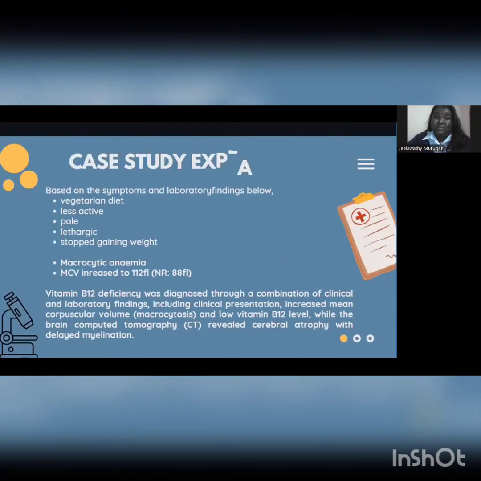So let's go to the case study explanation. Based on the symptoms and laboratory findings below, as I mentioned: vegetarian diet, less active, pale, lethargic, stopped gaining weight. So basically, the reason the baby got vitamin B12 deficiency is through the mother who was already having this condition, where she was on a vegetarian diet.